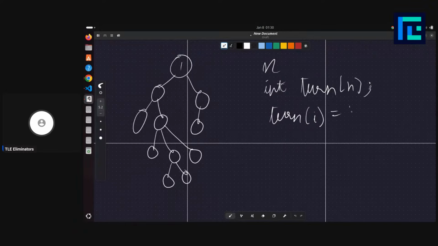And so on. So basically, in the same move we cannot color two elements at the same depth, right? And also in the same move, I cannot color two elements which are neighbors, correct? So I can interpret that as assigning some number to turn of i for every i.